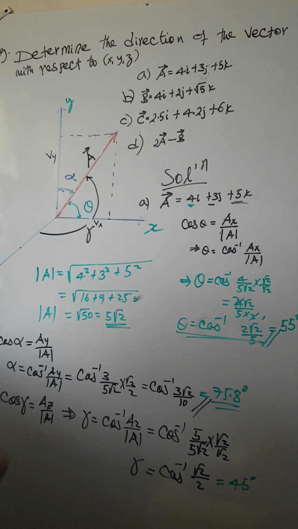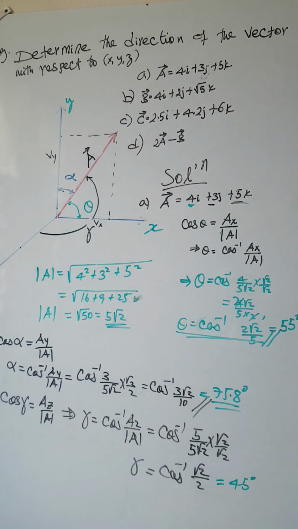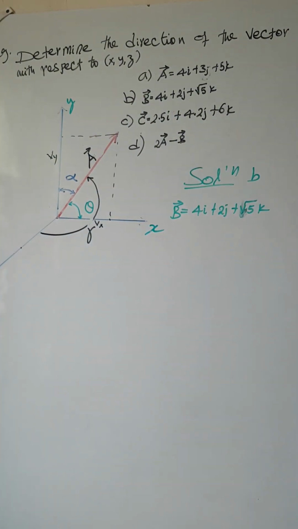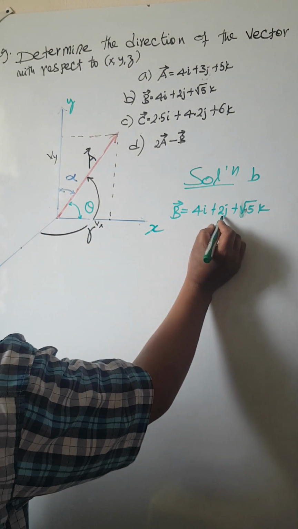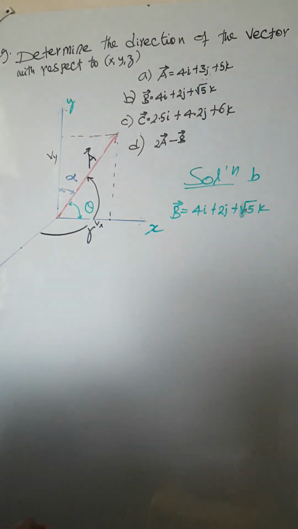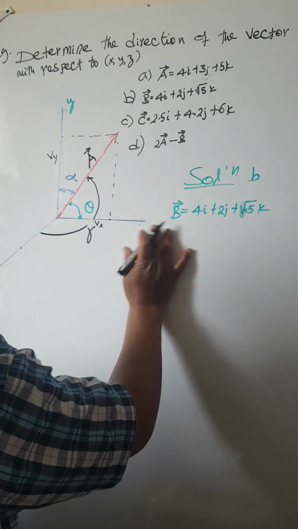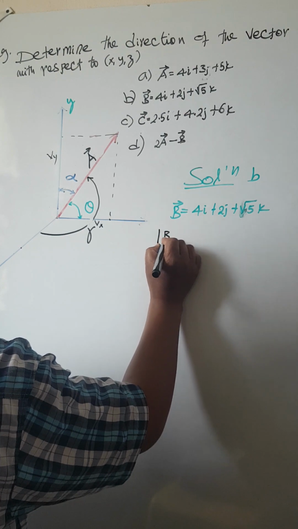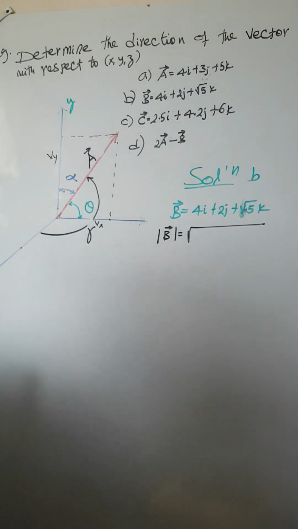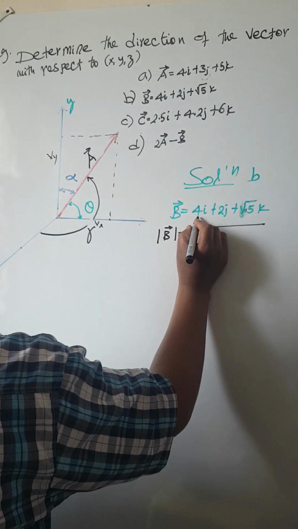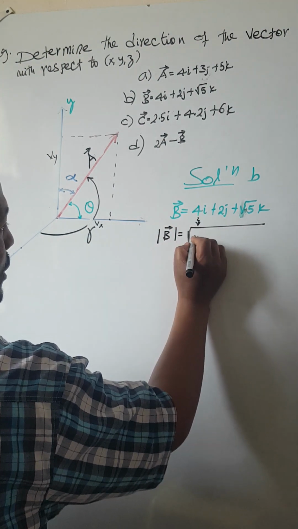Okay, let's see the second one, B. Vector B is 4 along i, 2 along j, and root 5 along k. So the magnitude of B is equal to the square root of the sum of the squares of the magnitude along each axis.